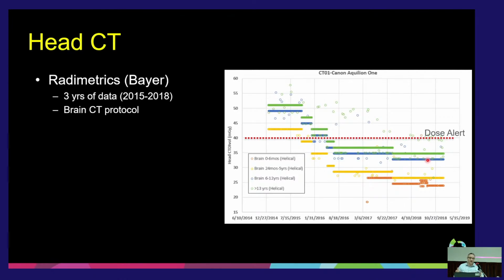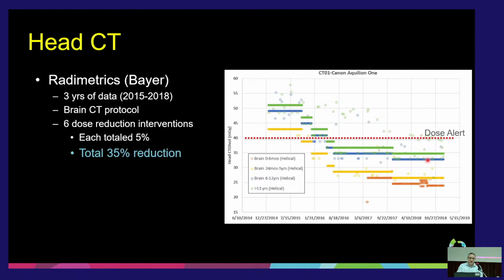And the radiologist really never noticed it until we actually hit about 30, 40%. Like I said at the beginning, if I immediately turned it down 30 or 40%, they would notice it and they would feel very uncomfortable about that. But by doing it little bit by little bit, they became used to the change in image quality. Obviously, it was 35%, not 45%.